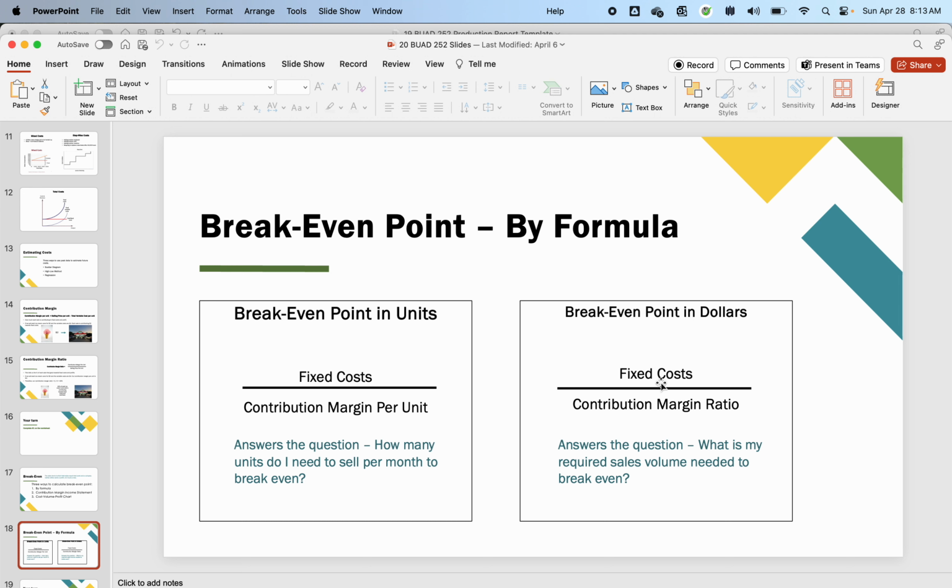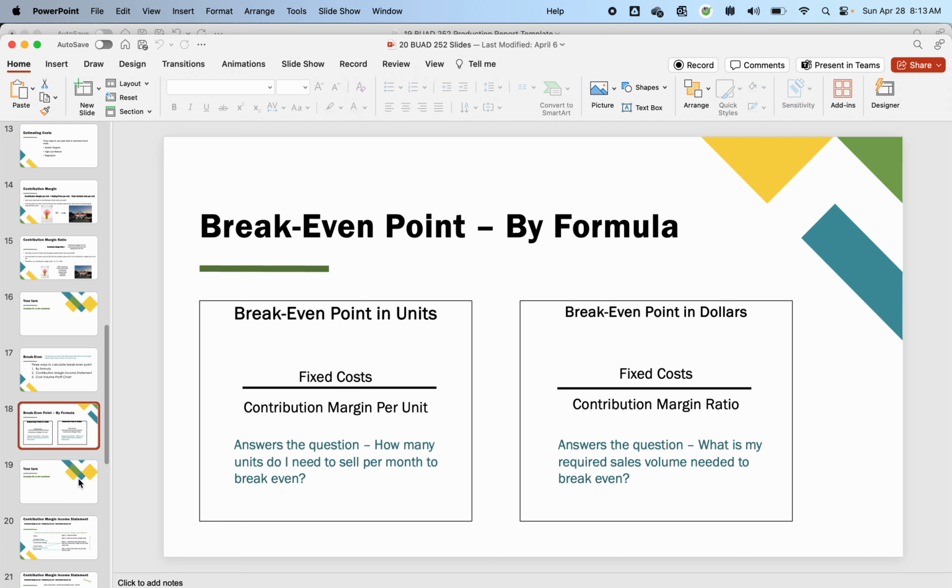And then with our fixed costs over contribution margin ratio, we would say that our $30,000 divided by our 40% equals $75,000. And it means that we have to have $75,000 in sales in order to break even each month.